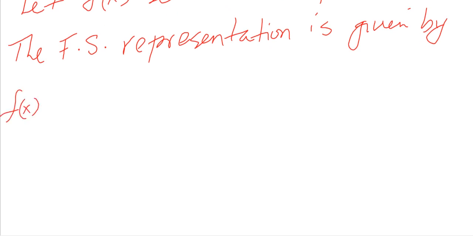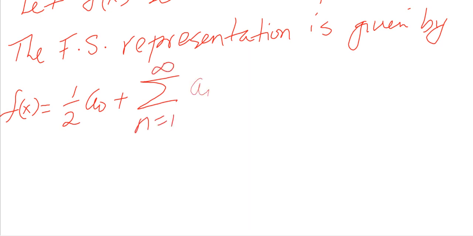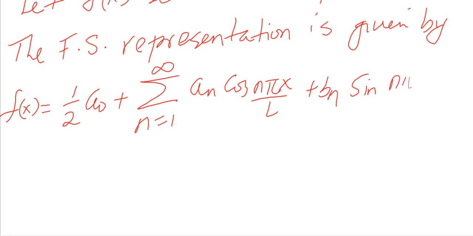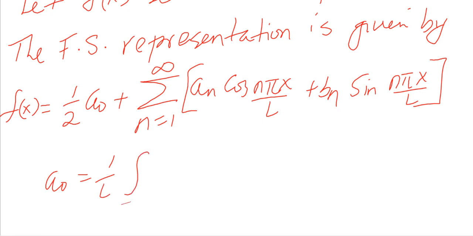We write f of x is equal to a half a naught plus the sum from n equals 1 to infinity of an cosine of n pi x over L plus bn sine of n pi x over L. And then we have the Fourier coefficients. a naught is equal to 1 over L, integral from minus L to L, f of x dx.